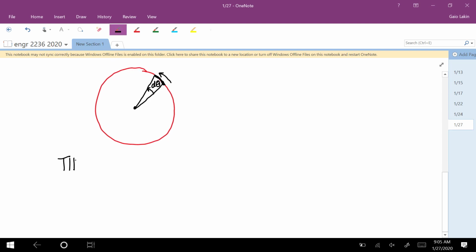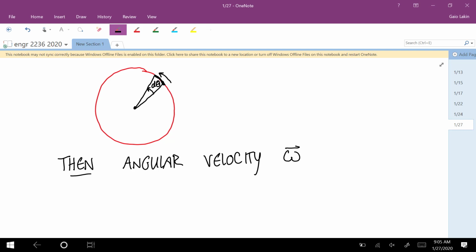So then, the angular velocity, lowercase omega, and notice this is a vector. Vectors have two properties, magnitude and direction. So we're going to think about the magnitude and the direction of this.